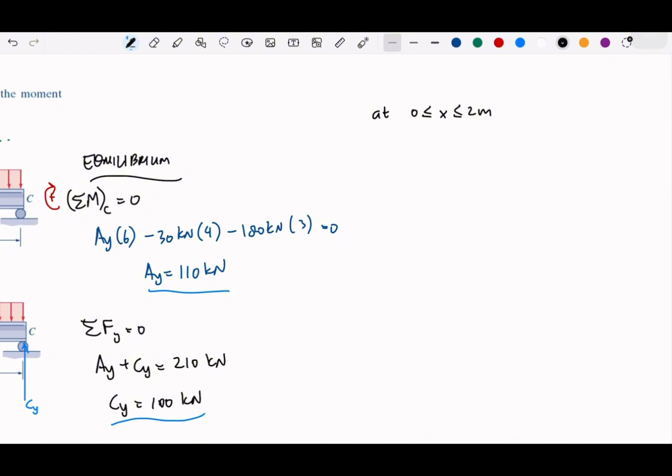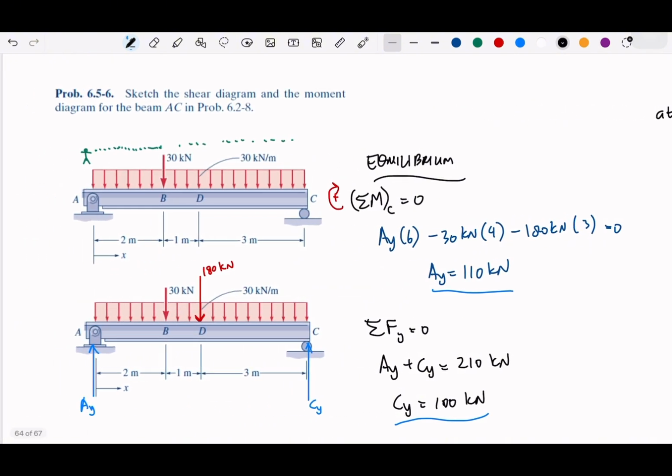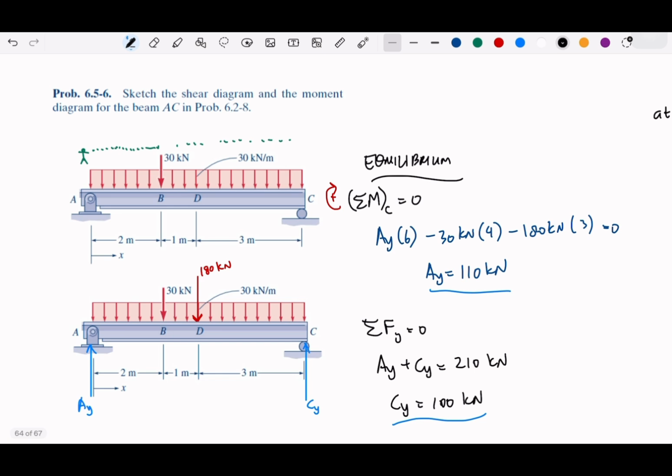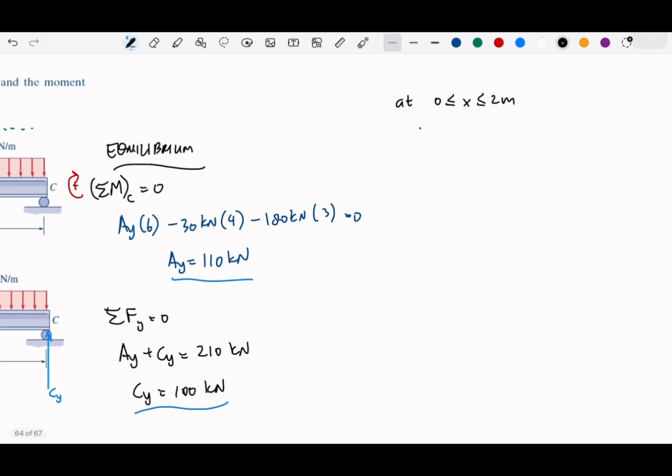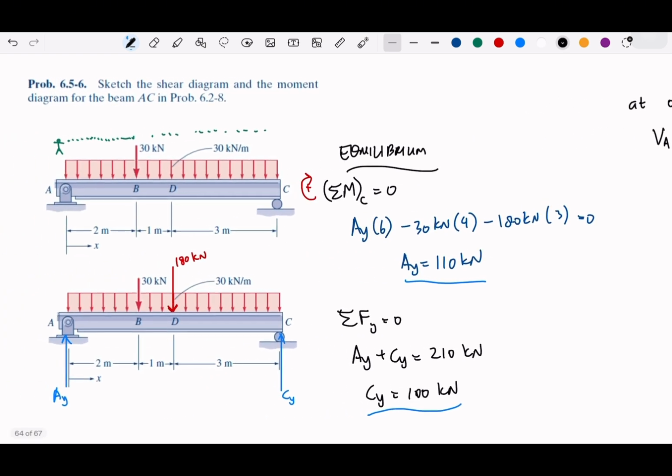Right. So we can start with Ay, which is 110 kilonewton. So we can start with Va at 110, because that is our reaction force. And then we have the distributed load that is going down.